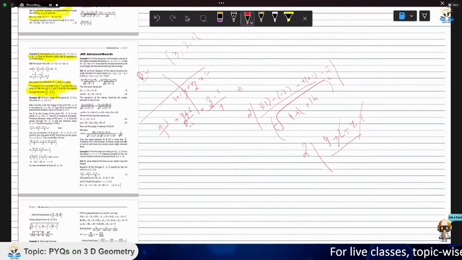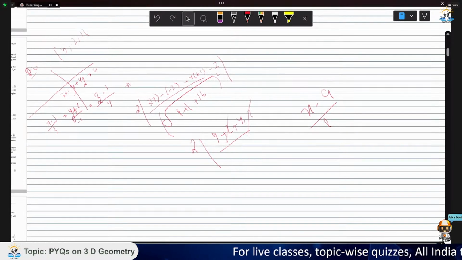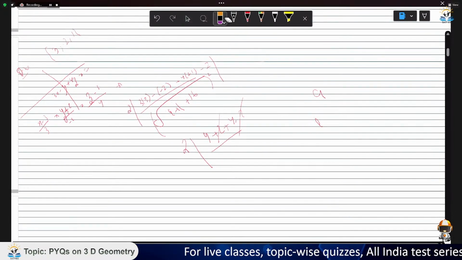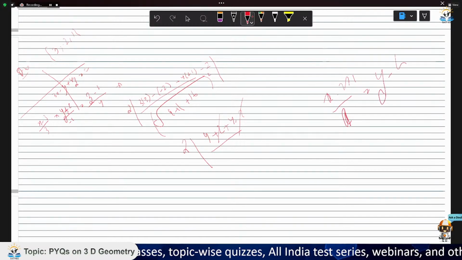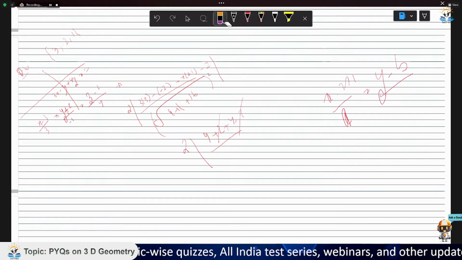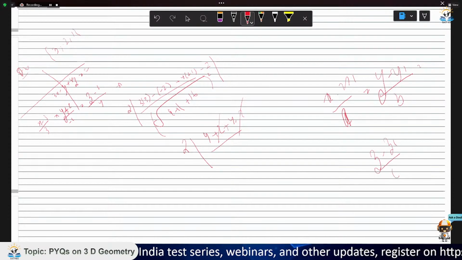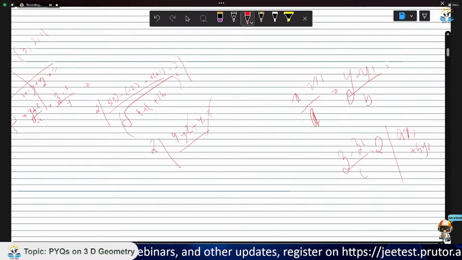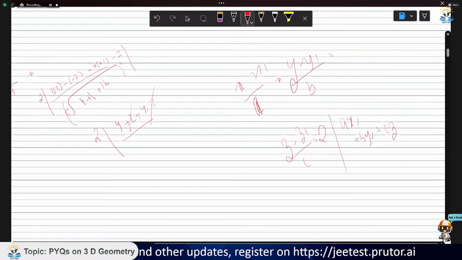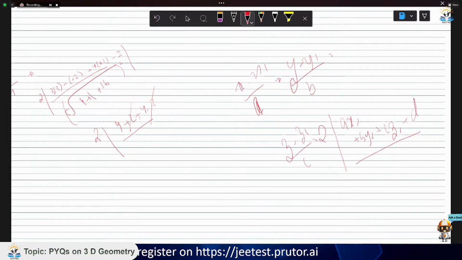so the thing is, the formula is basically x minus x1 by a is equals to y minus y1 by b is equals to z minus z1 by c is equals to 2 times of ax1 plus by1 plus cz1 plus d upon a square, b square and c square, modulus.